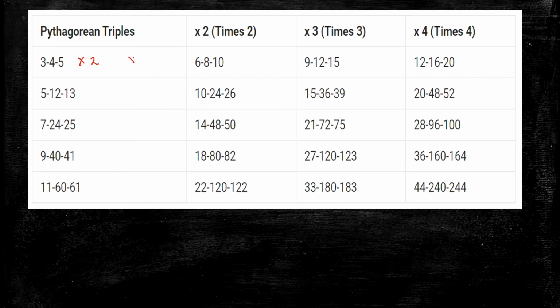Similarly, if I multiply it with 3, 9, 12, 15 is also a Pythagorean triplet, and multiply with 4, 5 and so on. Any multiples of these basic triples will also be a Pythagorean triplet. Similarly for 5, 12, 13, 7, 24, 25 and so on. So these are a few basic Pythagorean triples which you will come across in various problems.